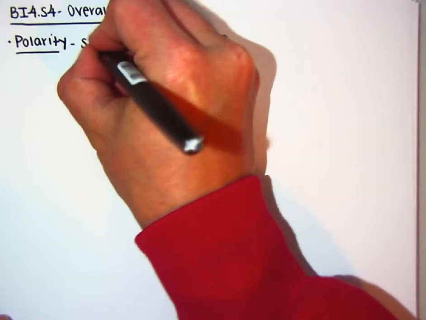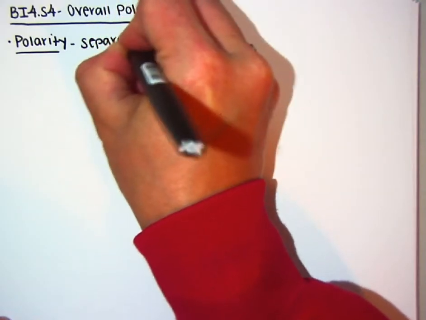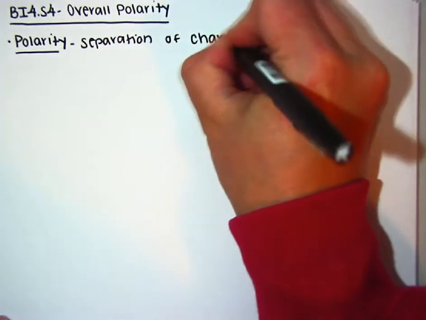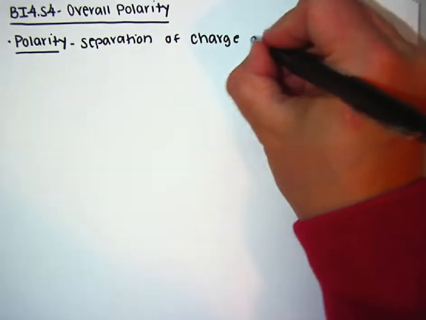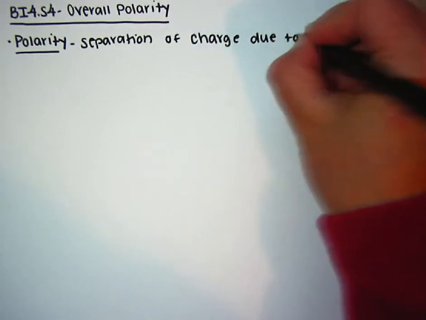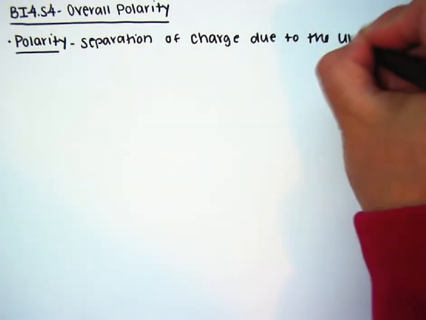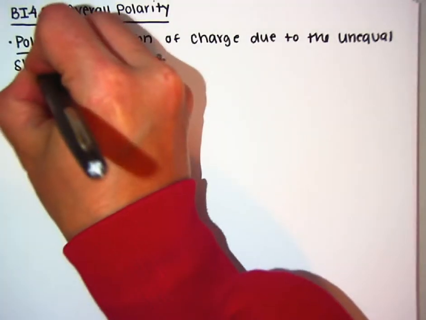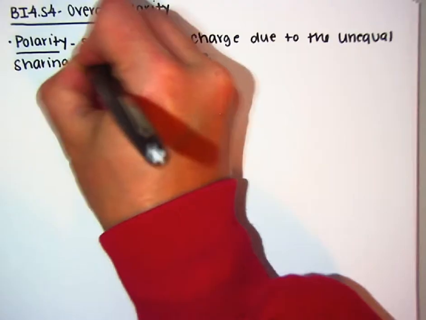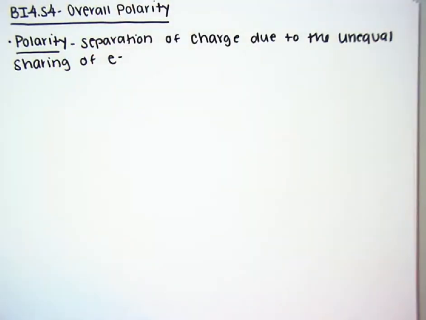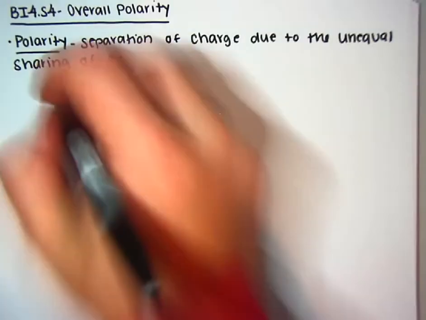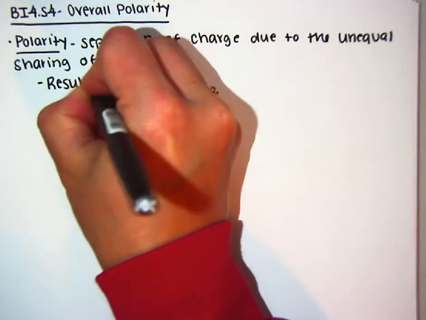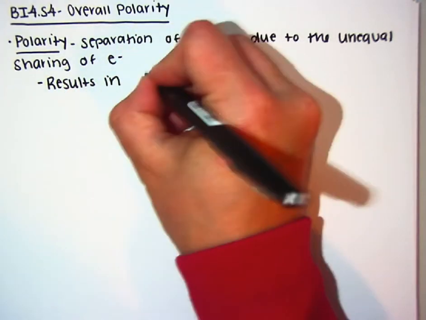Polarity is just the separation of charge due to the unequal sharing of electrons. And when these electrons are shared unequally, it results in a dipole.